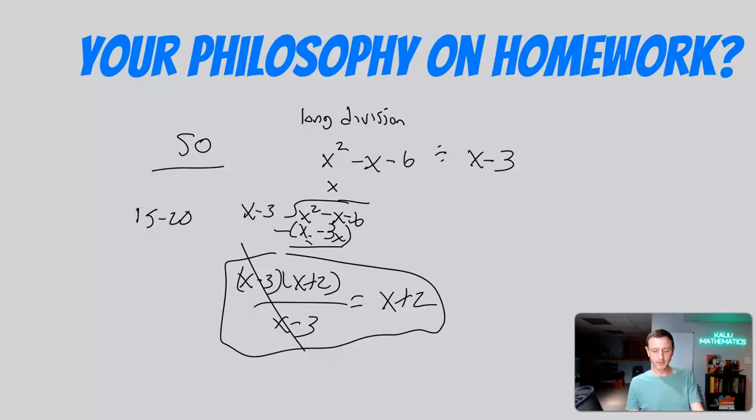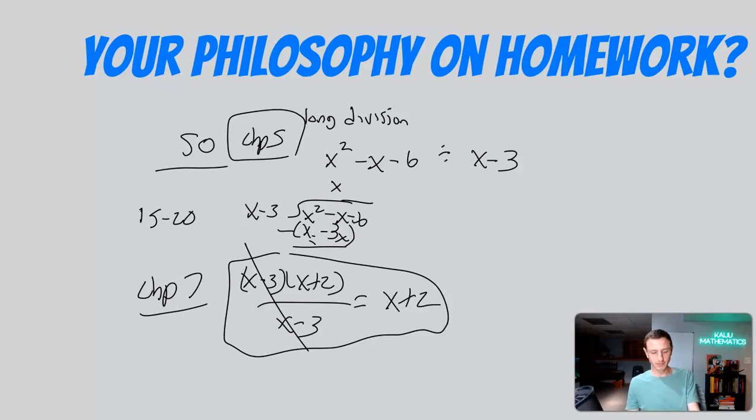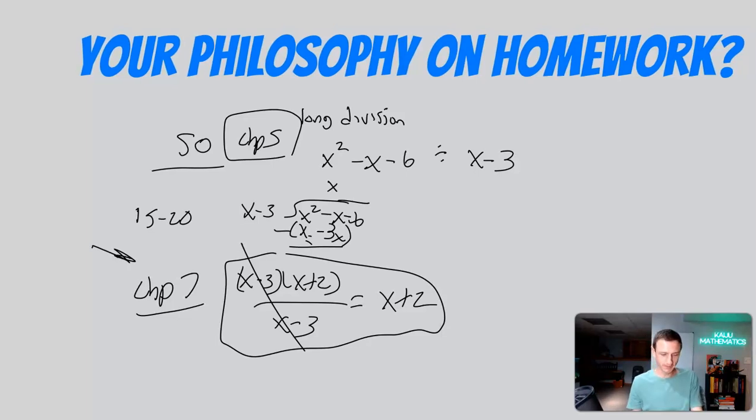This is correct, but this is chapter 6. This is intermediate algebra. Sorry, that's not even chapter 6. That's chapter 7. Yeah, that's intermediate algebra. I was teaching elementary algebra. So that was chapter 5 in that book. The students who did this method shouldn't even have known that.